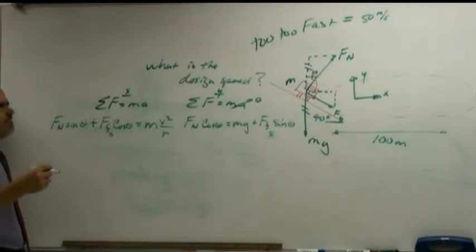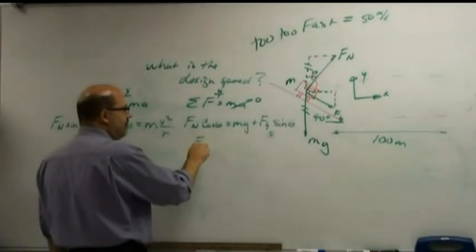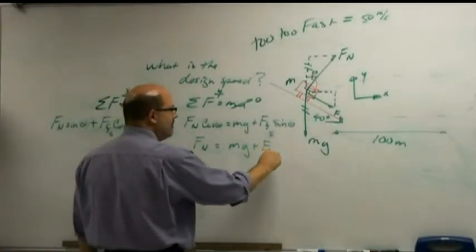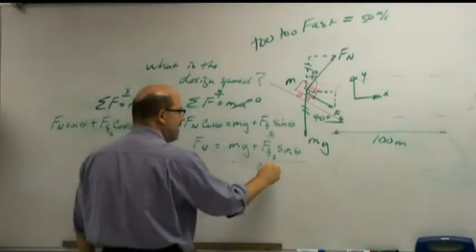All right, so force normal equals mg plus force friction static sine theta over cosine theta.